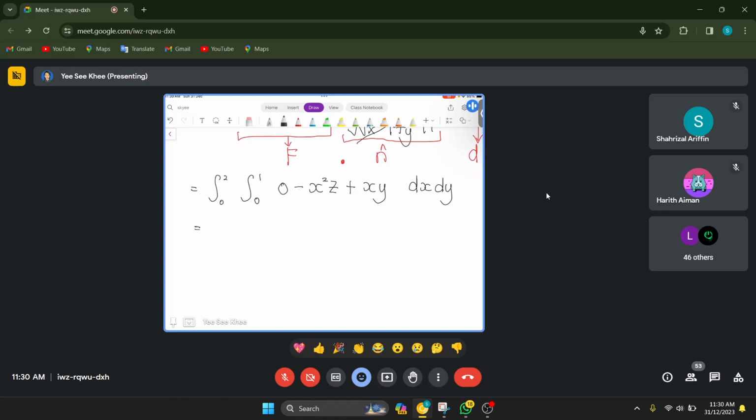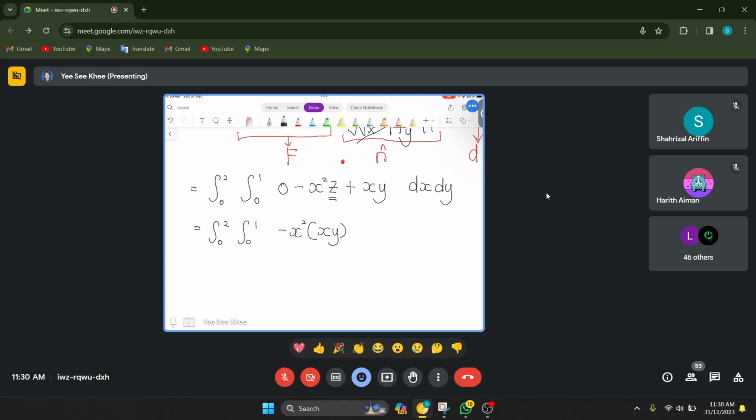Next we continue to solve this. We have to solve it manually because it has more than one variable. Before that, you can replace this z, because z is equal to xy.